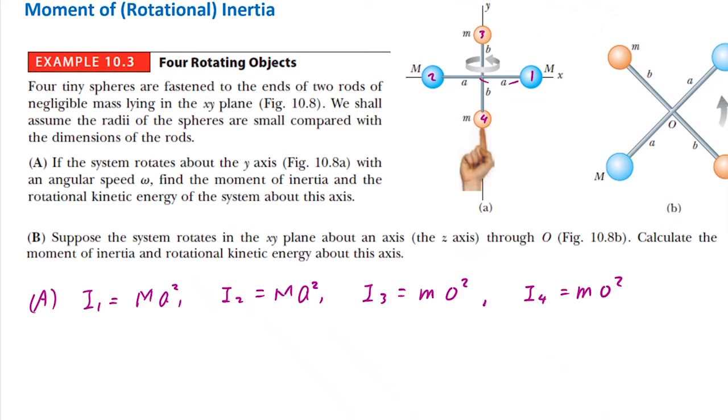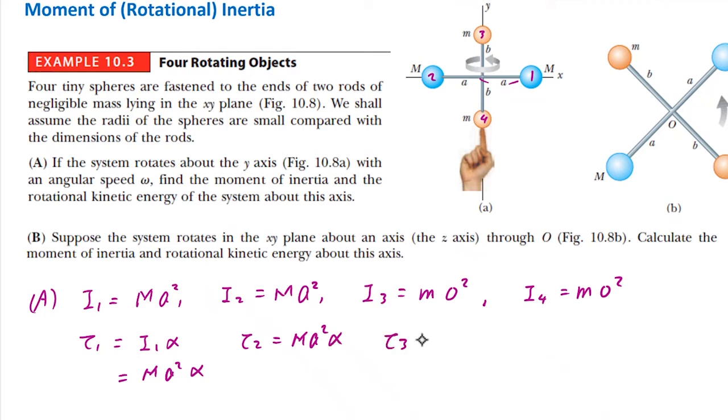Let's think like this: the amount of torque that is required to rotate that. So tau 1 is I1 alpha, which in this case is M A squared alpha, where alpha is the angular acceleration required to rotate this. Then tau 2 is likewise M A squared alpha.